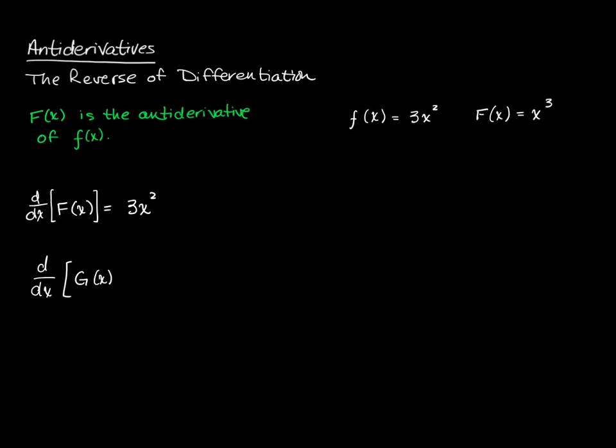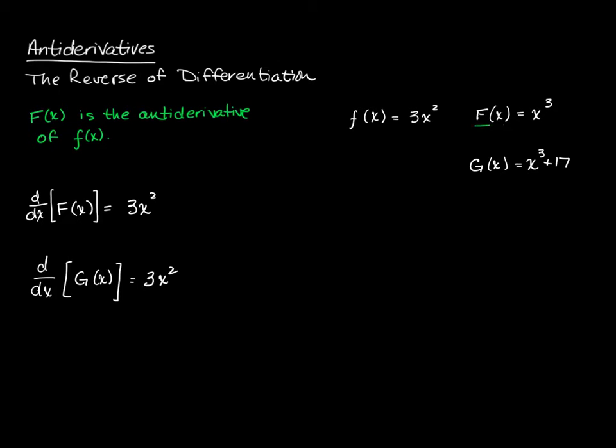Let's call it g of x. What is that function? Well, for the sake of argument, let's say it's x cubed plus 17. Its derivative is still going to be 3x squared. So the antiderivative of 3x squared is not unique.